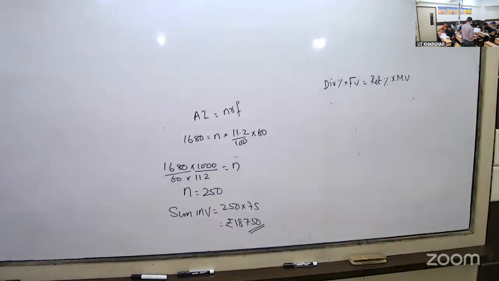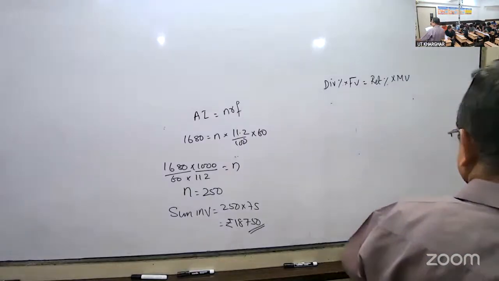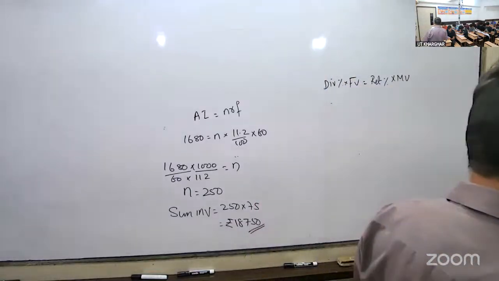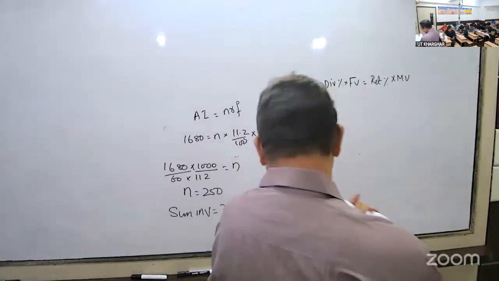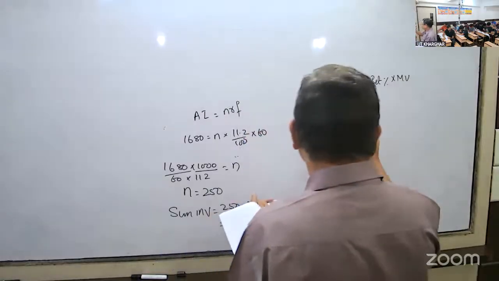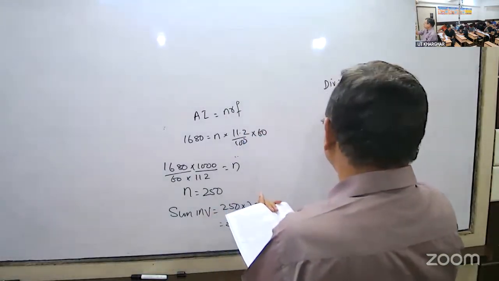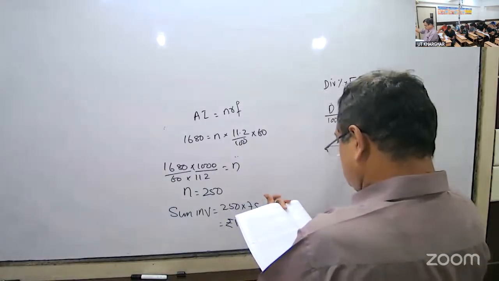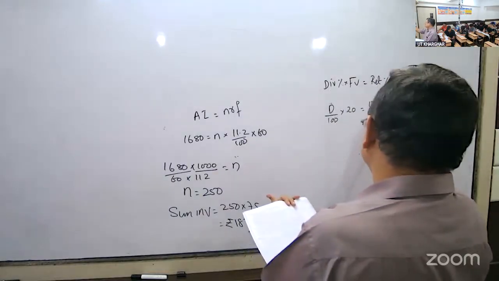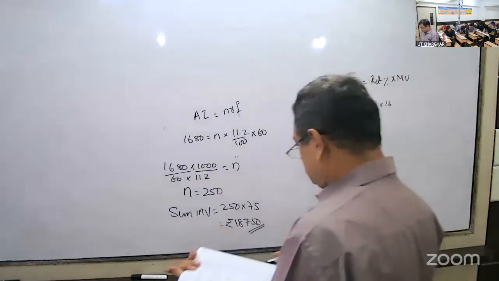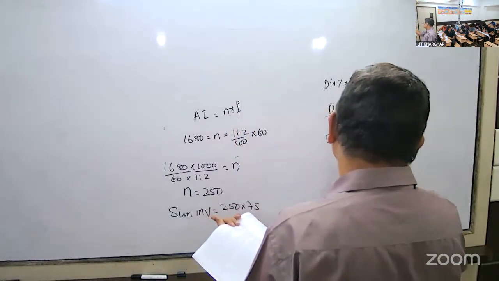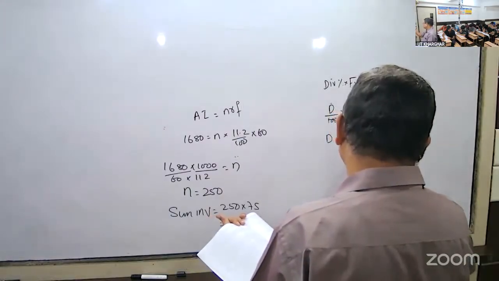Next, you have to find out the rate of dividend. So, dividend percent into face value is equal to return percent into market value. This formula is very useful wherever you can use it. So, D by 100 into face value 20 is equal to return percent 12 by 100 into 16. Calculate D is equal to 12 into 16 divided by 20.